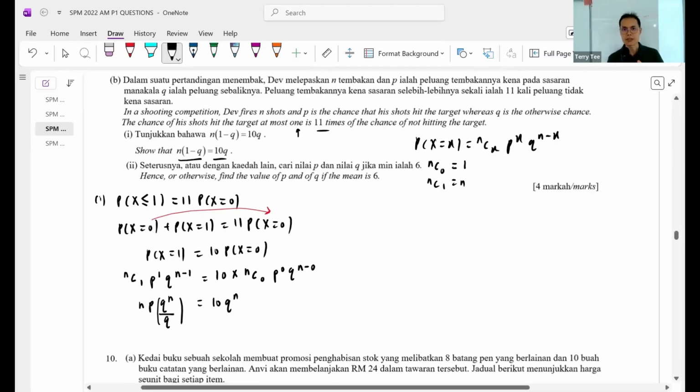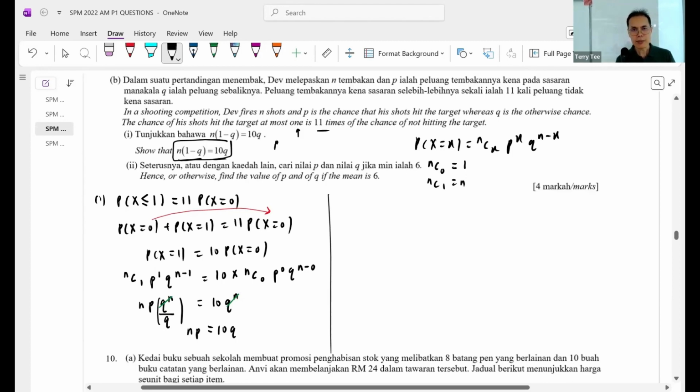Okay, we are very close to the answer already, because we want to show that this is true. You notice this q^n and q^n we can cancel. So you're left with np on the left. On the right, q, I times it over, I get 10q. Now we can substitute your p.